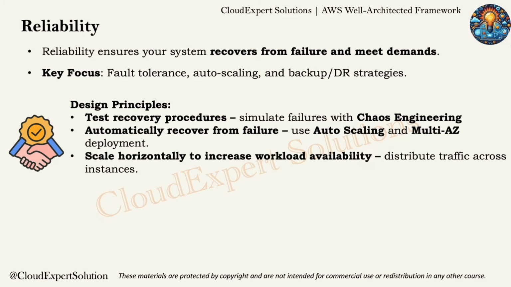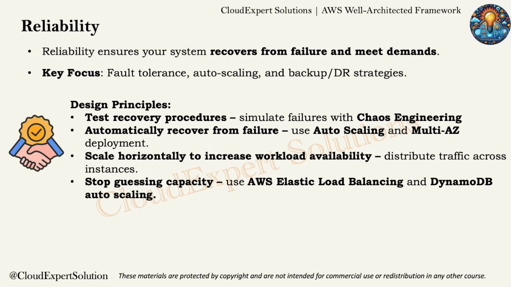You should scale horizontally and distribute traffic across instances to increase workload availability. And last but not least, you should stop guessing infrastructure capacity requirements. You can use AWS Elastic Load Balancing and DynamoDB auto-scaling to automatically scale up your infrastructure whenever load increases.